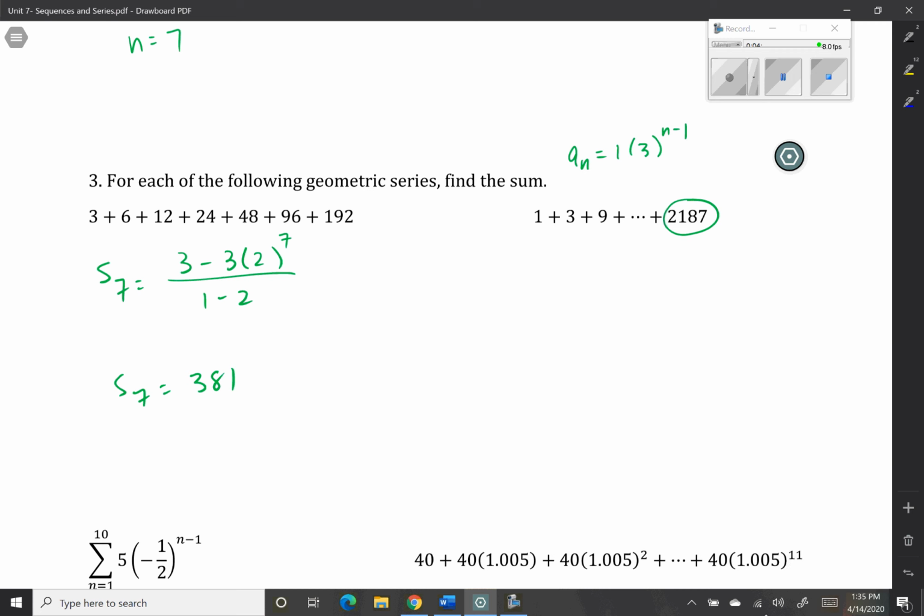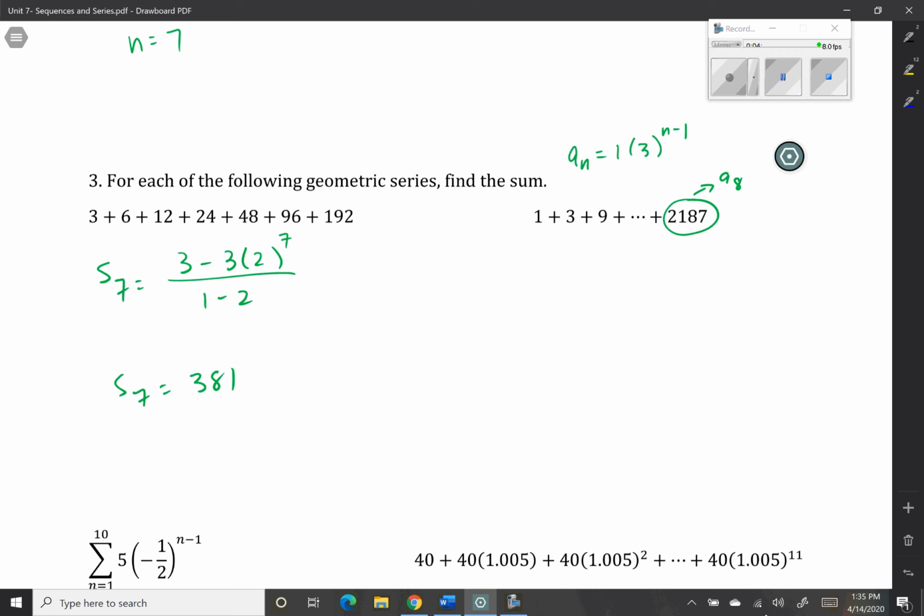We can just plug in n values until we figure out which one gives us 2,187. If I do 1 times 3 to the 9 minus 1, that's way too big. To the 8 minus 1, 8 works. So there are 8 terms. This is the 8th term of the sequence.